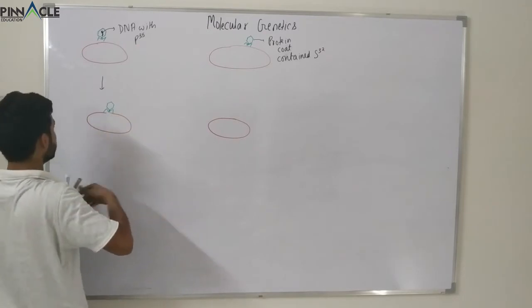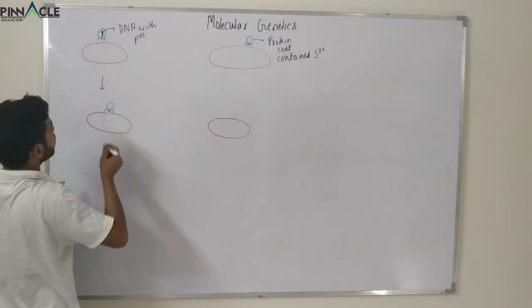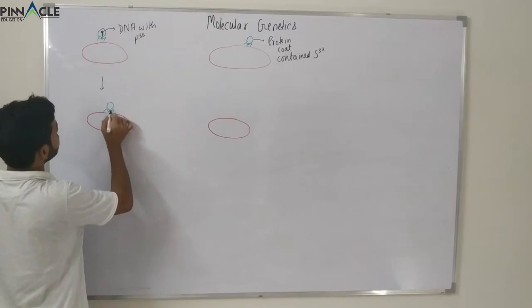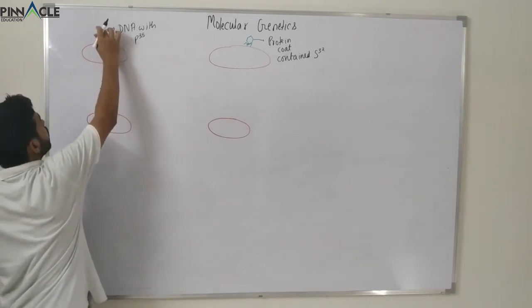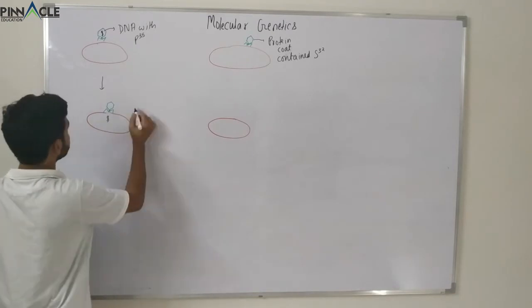What happens here is that the viral DNA enters the bacterial cell.